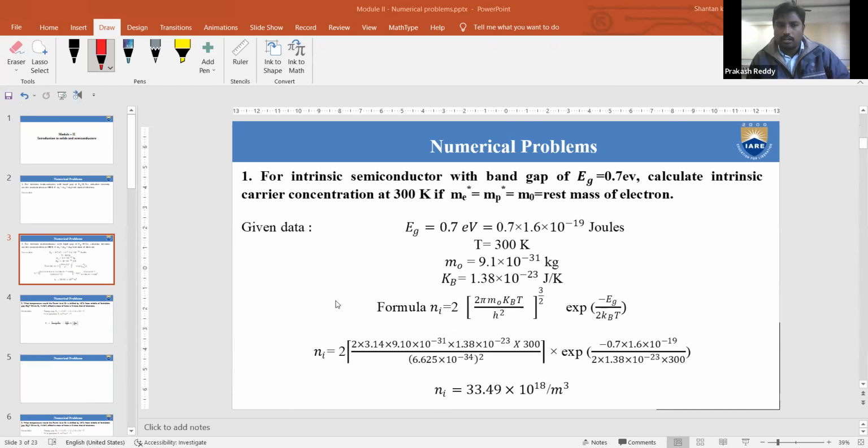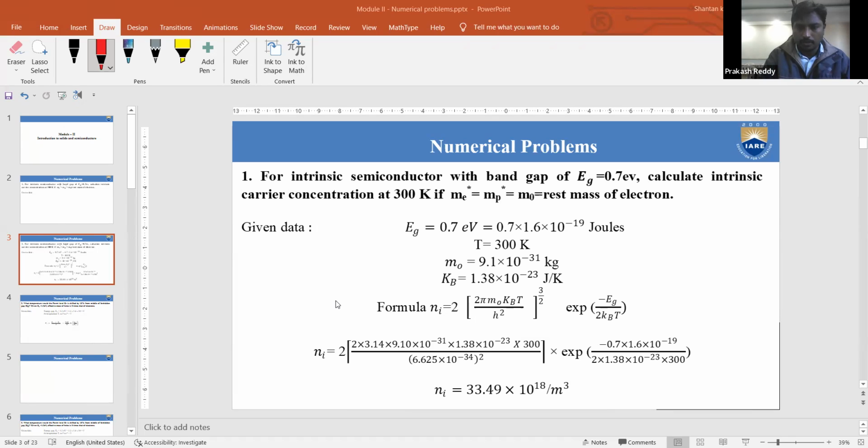Try to remember the formulas we discussed in module 2, then it is easy to solve the problem. When a problem is given, first write down the given data. Related to the given data, identify the formula to find the unknown. That is the procedure to solve every problem.